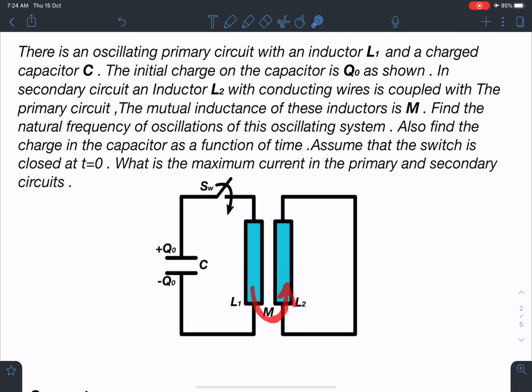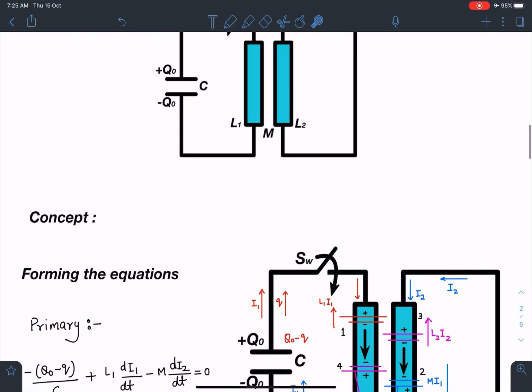So due to that, some induced EMF will come here and current will start increasing in this circuit also. Now due to that increasing current, this inductor L2 is also going to respond to that, and that's how we have to think and we have to frame equations here.